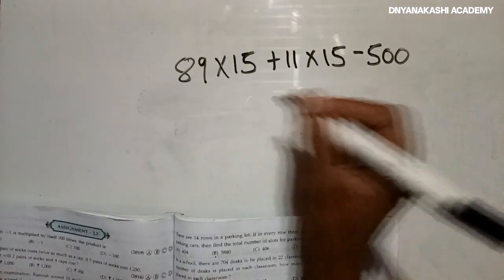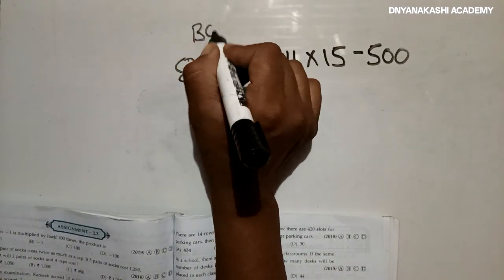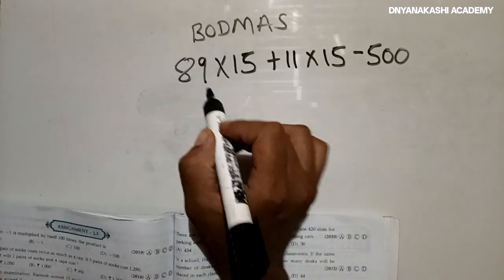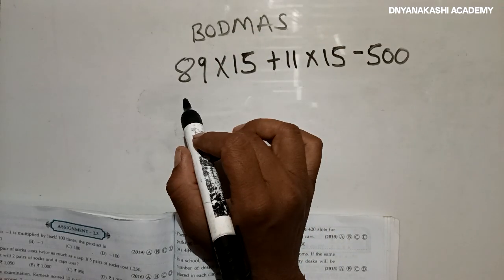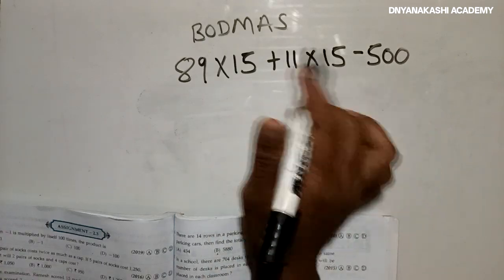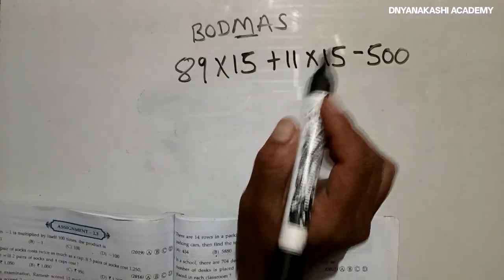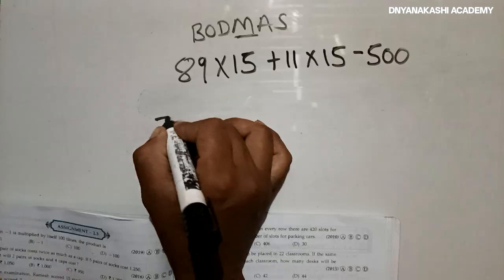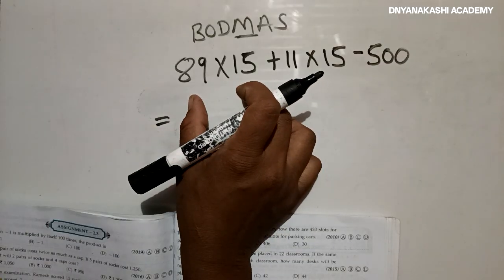What is the rule here? The BODMAS rule. Here there is no bracket, there is no of, and there is no division also. What do we do next? We do the multiplication, 89 into 15.